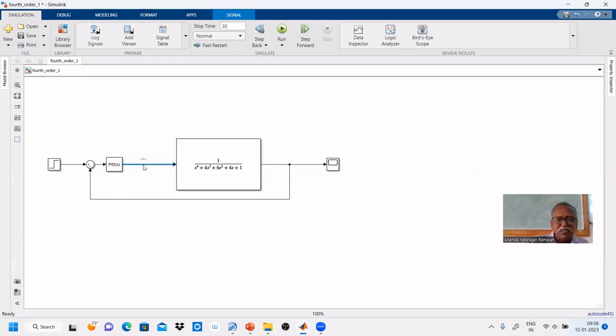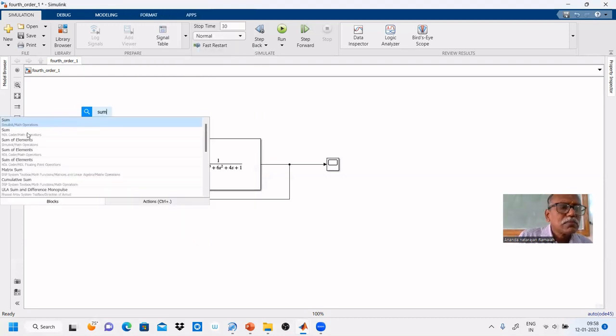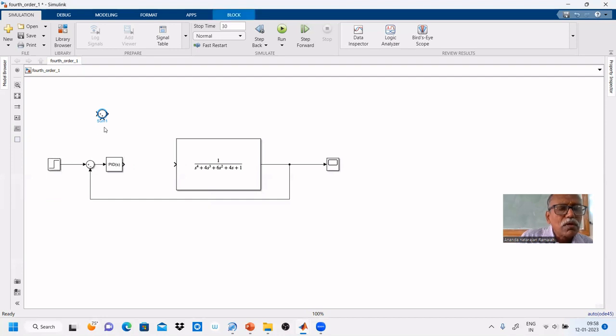To give the disturbance, I removed this link and I am going to include one more summing block here and connect it. Additional input I am going to give here. For that, I need one more step input. So I copied that step and placed it here. I can copy any block, and like that I can copy the sum also.